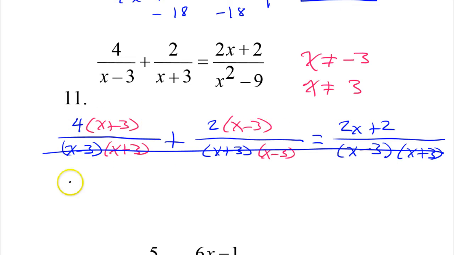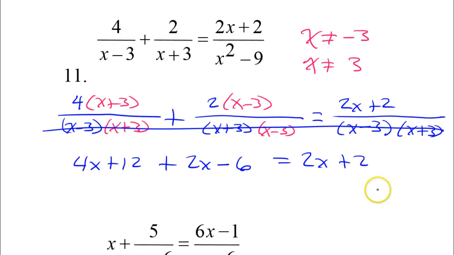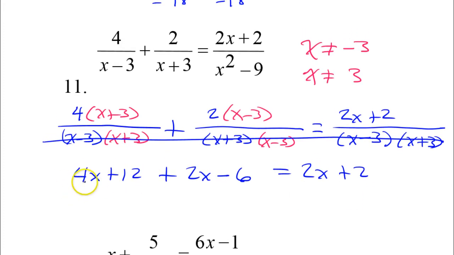So distributive property. So I have 4x plus 12 plus 2x minus 6 is equal to 2x plus 2. So combining like terms, 4x and 2x, that's 6x, 12 and negative 6, that's positive 6.